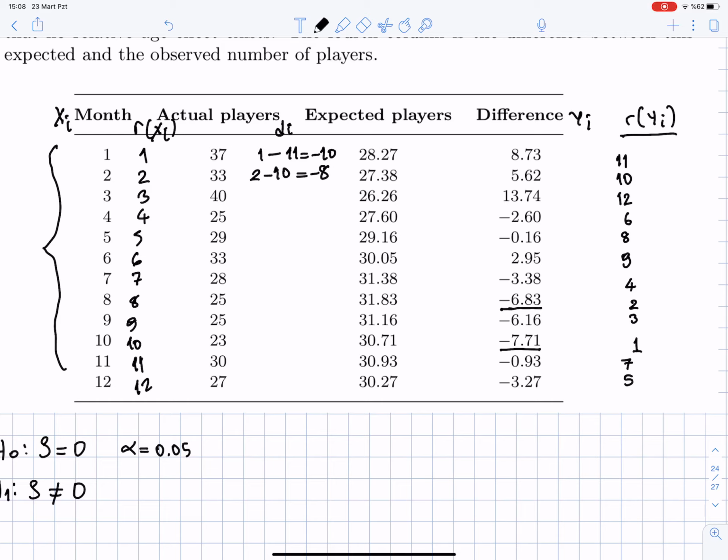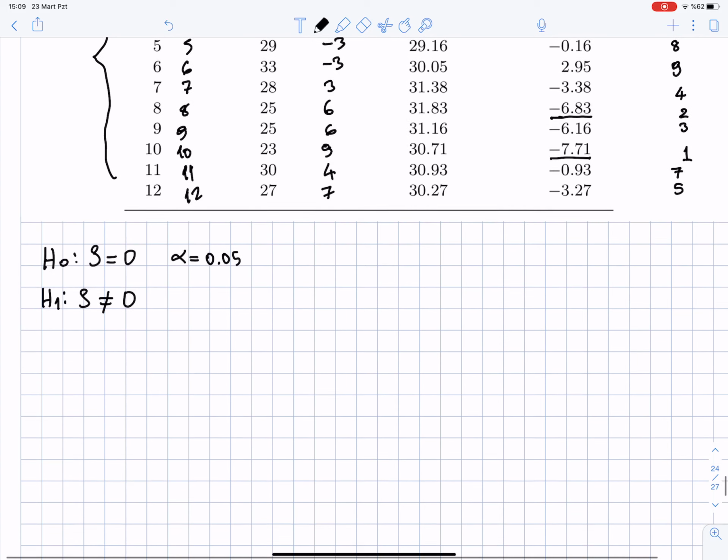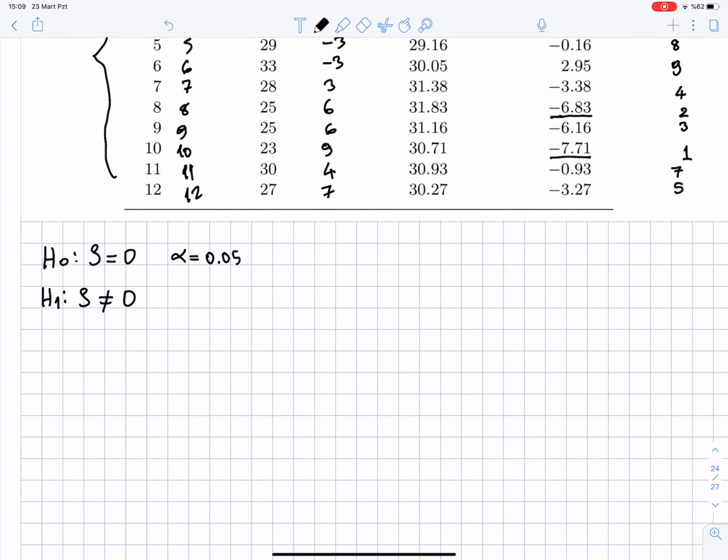And 3 minus 12 becomes minus 9. 4 minus 6 becomes minus 2. And I'm going to keep going with the rest. So the next one will be minus 3, another minus 3, 3, 6, 6, 9, 4, and 7. Okay, now I can easily get the Spearman rank correlation.